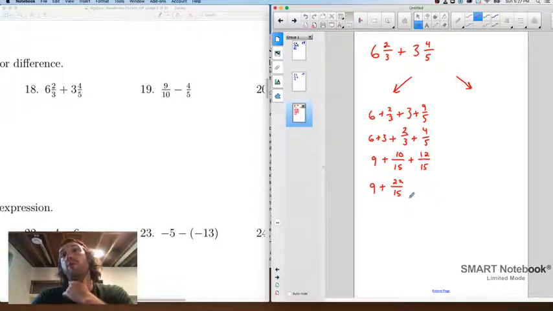more than 1, so I can't just tack this number onto 9. What you actually have to do is think about breaking that apart. That is, I'm going to write this as 9 plus 15 over 15, which is 1, plus, let's see, what would that be, 7 over 15.